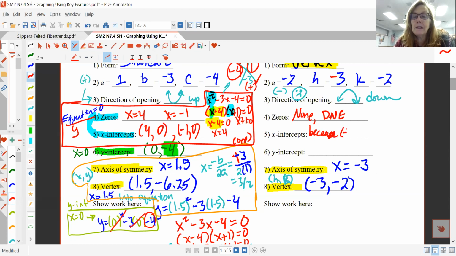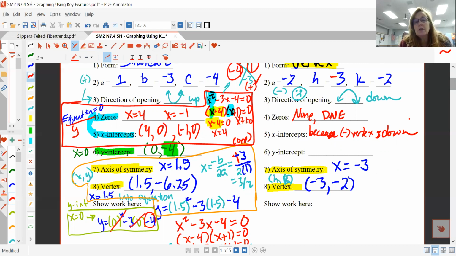Because negative vertex and down. That's what I get from doing some upfront analysis. When I'm looking at it, the graph goes down, so therefore it cannot cross the x-axis. That's just not possible for this particular graph.